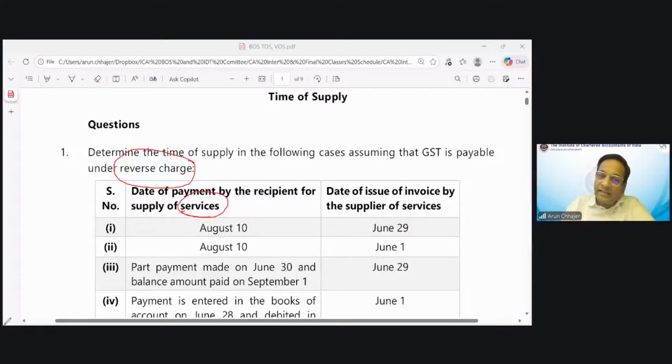It will be the earliest of, first... Tell me what is the time of the supply for reverse charge in case of service.